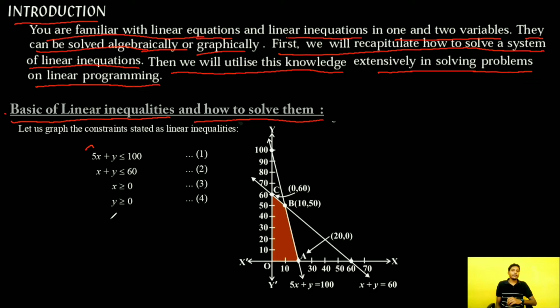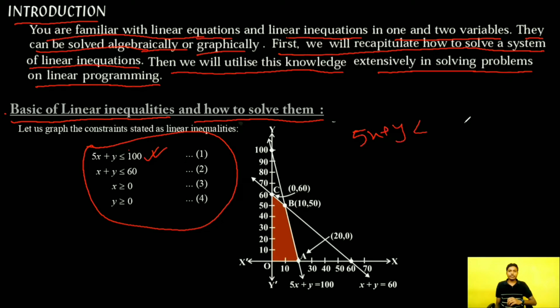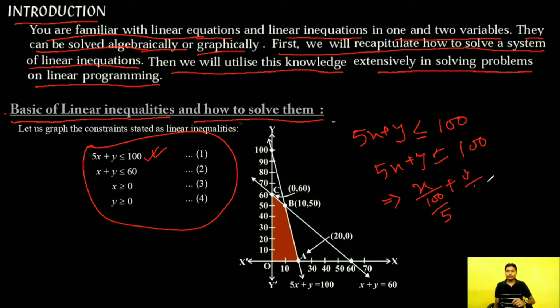For this system of linear inequations, in the case of this inequation, 5x plus y less than or equal to 100, to plot this inequation, first we will write down the straight line 5x plus y equal to 100. This implies, if we write this straight line in intercept form, we will have x by 100 by 5 plus y by 100 is equal to 1.